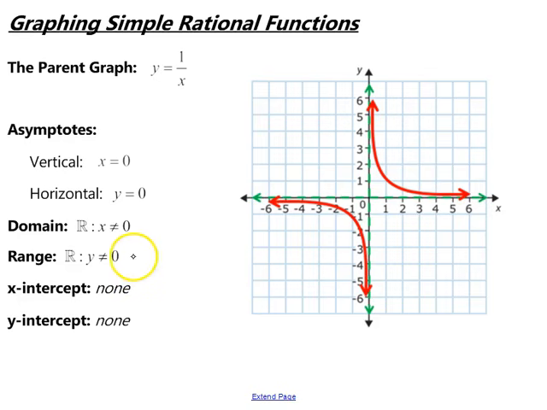The range, likewise, includes all real numbers except when y equals 0. So again, we will hit all the y values except y equals 0. Since our graph is never going to have an x value of 0 or a y value of 0, we don't have an x-intercept or a y-intercept.